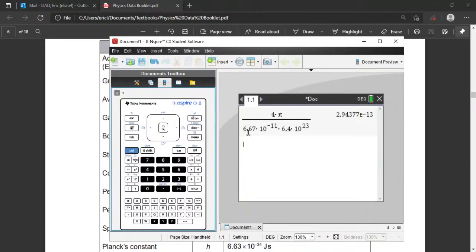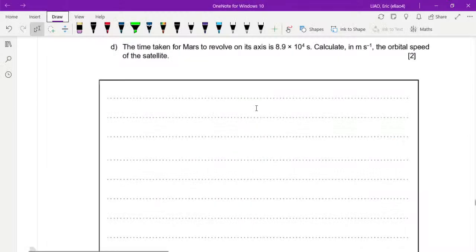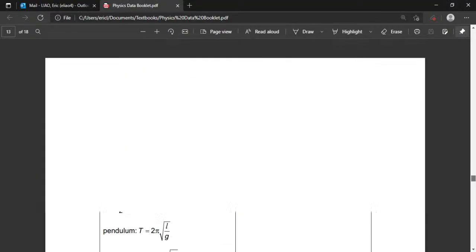So what we go into is V orbit, which should be hiding in the data booklet somewhere for us.